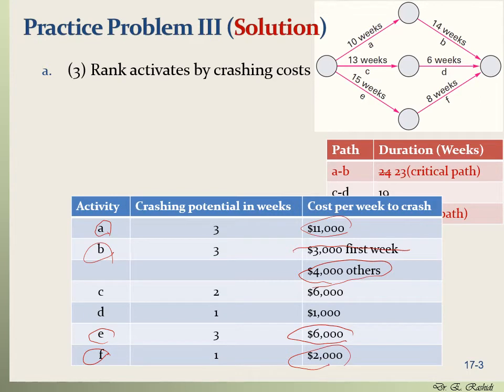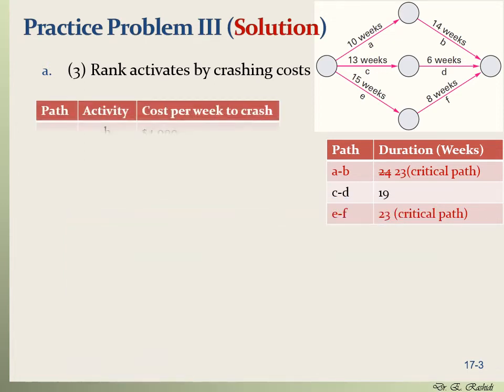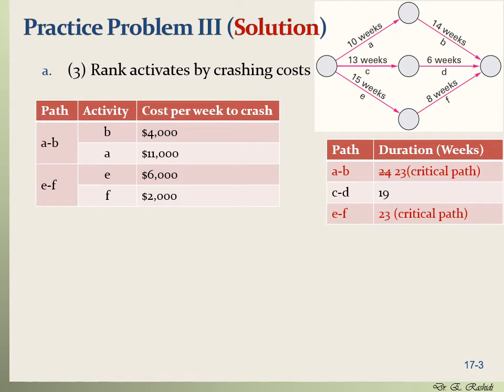So let's rank these activities based on their cost. For path AB, B is less costly to crash, and for path EF, F is less expensive to crash. So we're going to pick F and B. If we crash F and B, then the lengths of these paths are going to be reduced by 1 week.